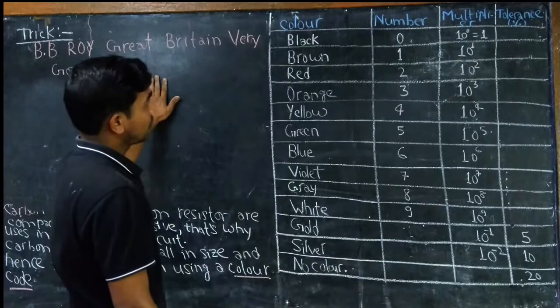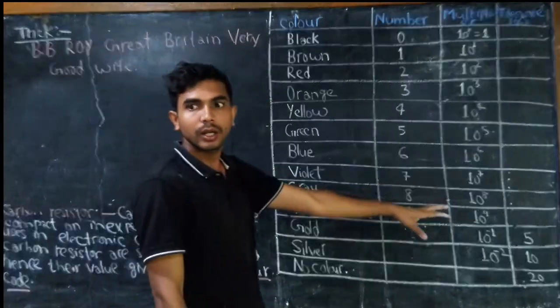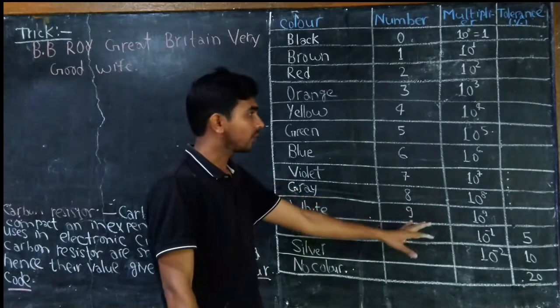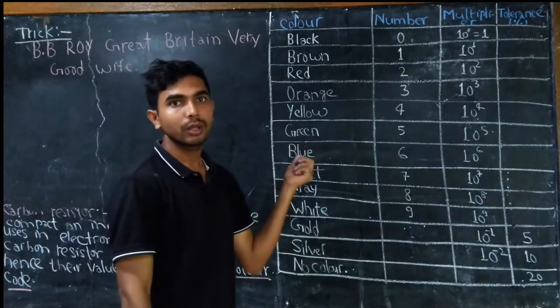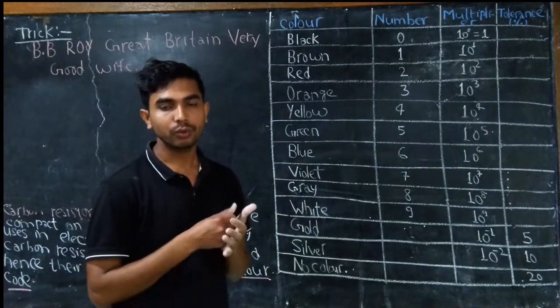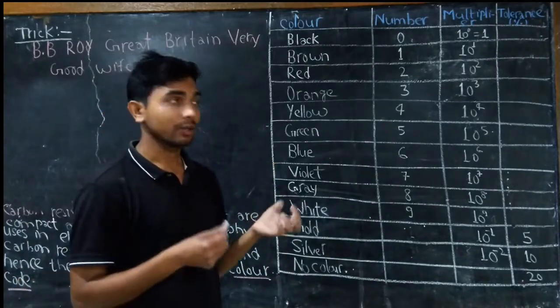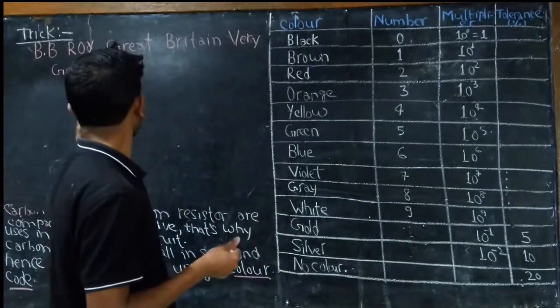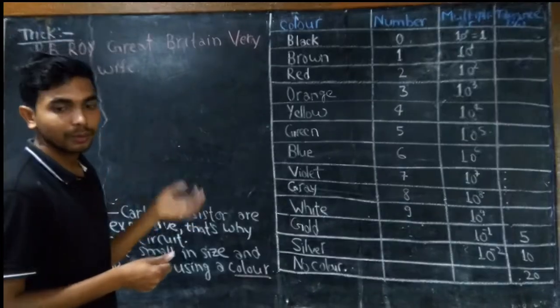Once the table is done, we will use it to find the resistance of a carbon resistor. Now I am going to take a few examples to understand how we find the resistance of a carbon resistor.